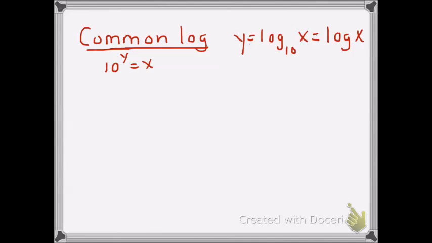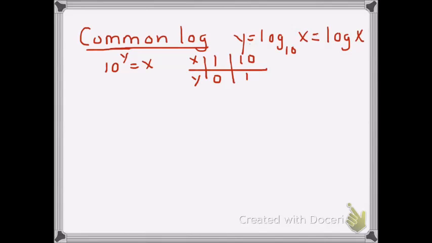We'll plot just a couple of points for this graph. I'm going to put in values of y and get values of x. So when y is 0, x is 1, and when y is 1, x will be 10.